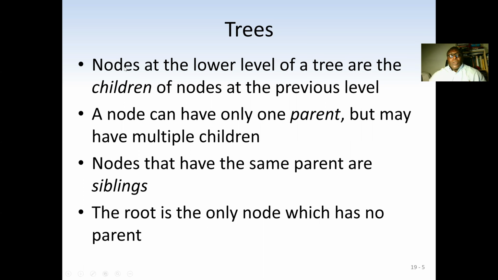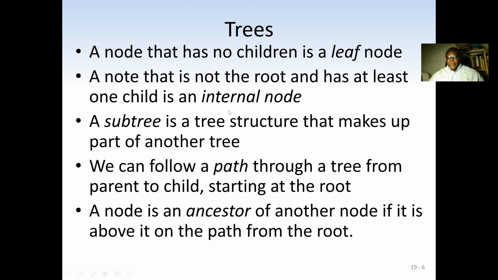The node normally will consist of the information and the address of the node that it points to. We talked about linked lists. In a single linked list, one node carries the address of the next node. We can also use a double linked list, which means one node has two addresses, the address of the previous node and the address of the next node. And we'll see the concept for trees here.